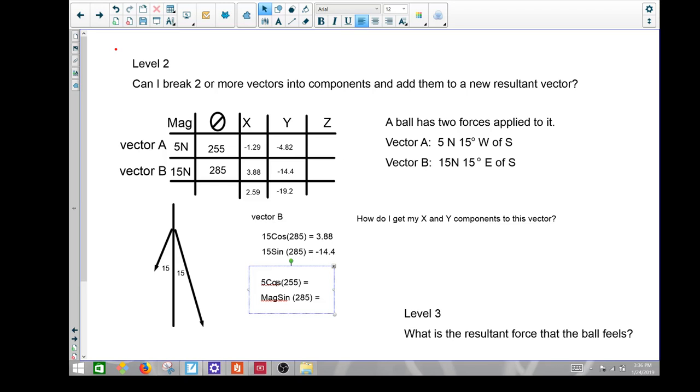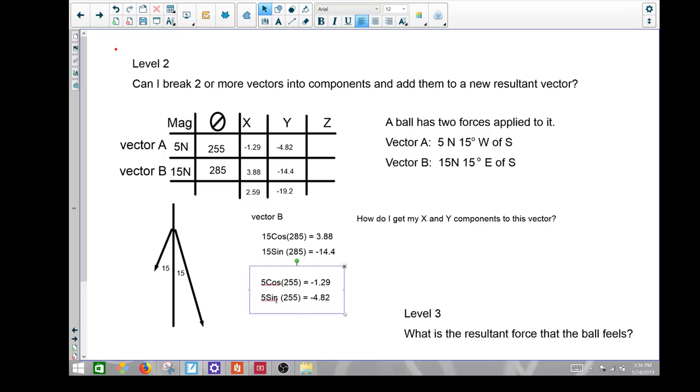Notice those are in the right spots there. Then do the math on that, and it's going to be negative 1.29. And then here it's going to be the magnitude, which is the 5, times the sine of 255, equals negative 4.8.